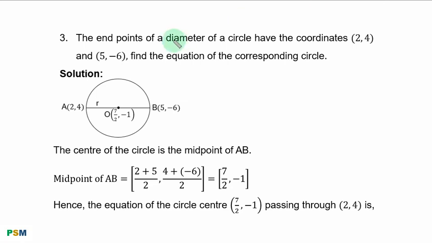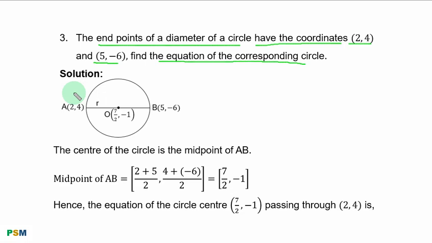Example 3. The end points of a diameter of a circle have the coordinates (2, 4) and (5, -6). Find the equation of the corresponding circle. To do that, we need the radius and the center of the circle.